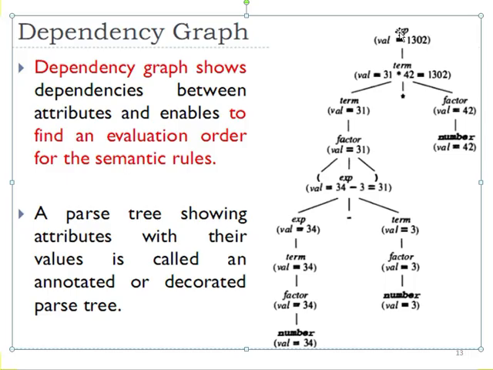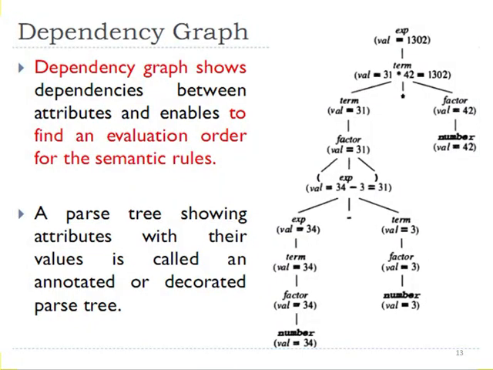So when we are calculating the value of each attribute of the grammar symbol in the given grammar, this is in other words the semantic analysis, and the output is the decorated parse tree or the annotated parse tree.